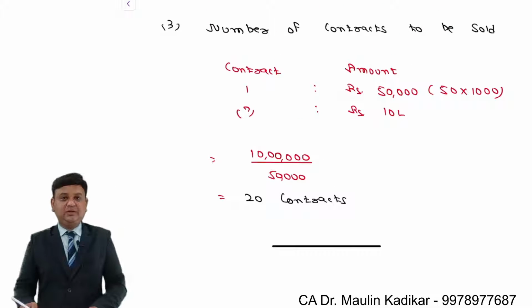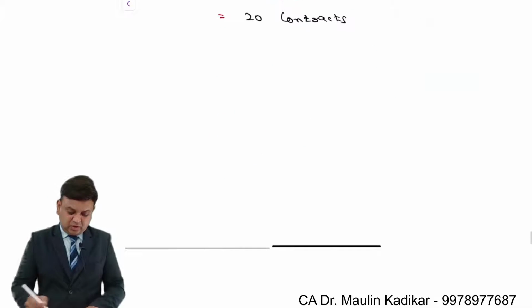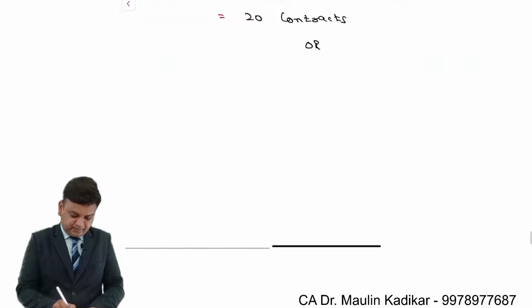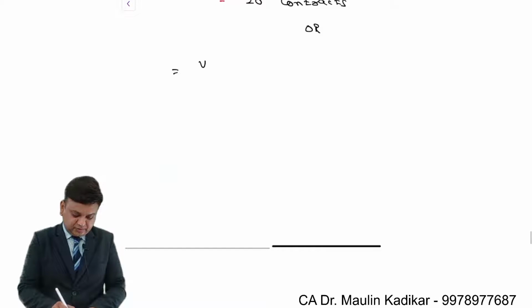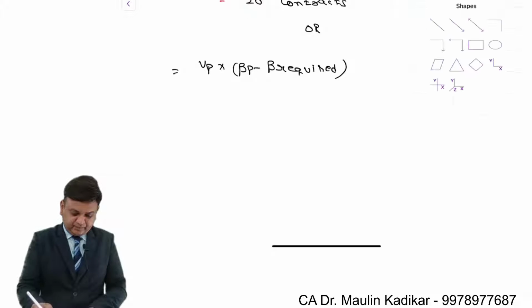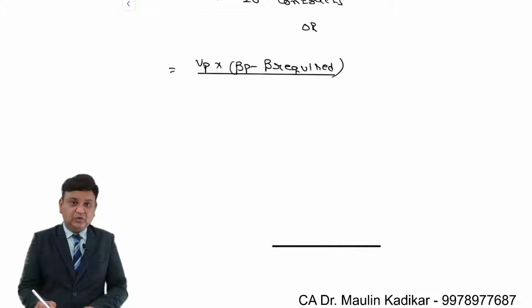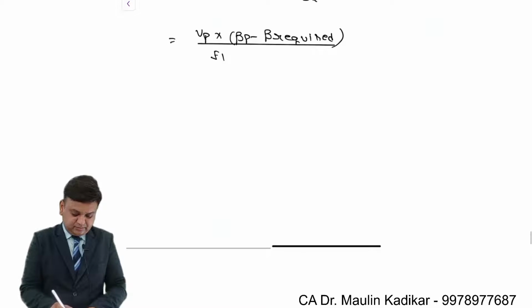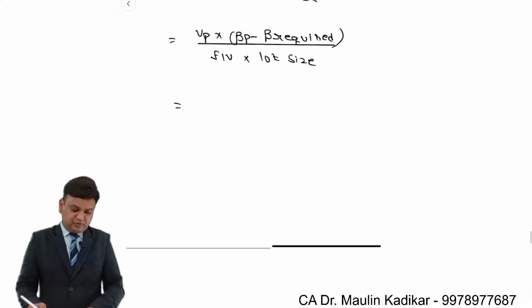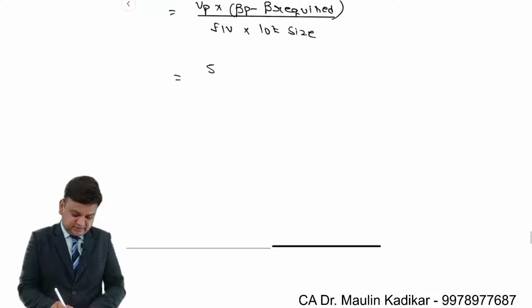This is the logical method based on the working that we already have done, or otherwise we can do working like this also. Value of the portfolio into beta of the portfolio minus beta required divided by futures index value into lot size. What is the value of the portfolio? It is an amount of 5 lakhs.